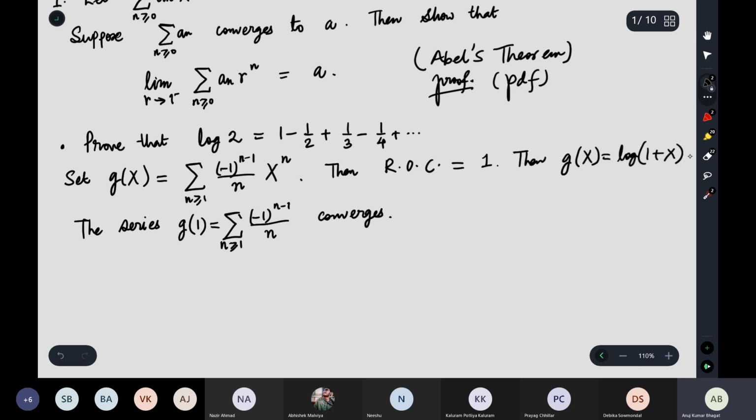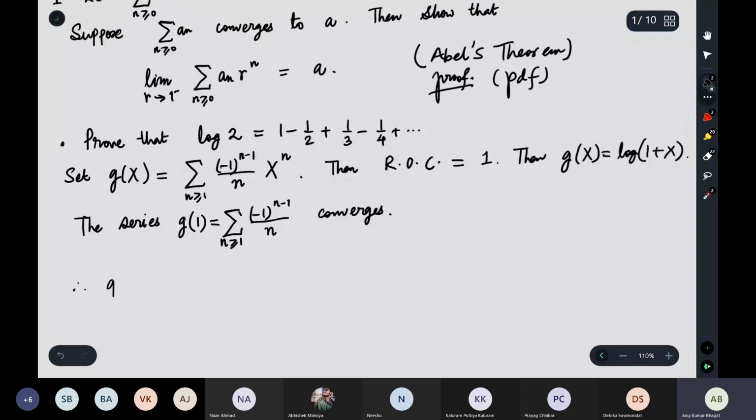So if I use the above result, limit r tends to 1 minus of this power series, n greater or equal to 1, I have to take r to the power n. This will go to g of 1.